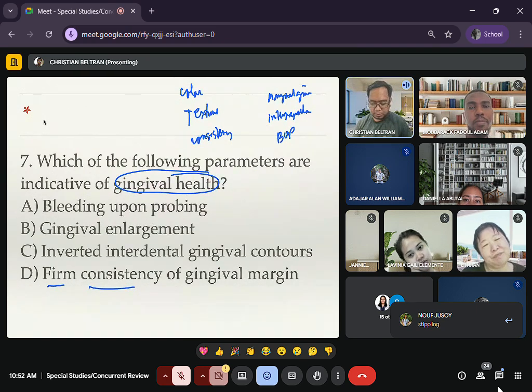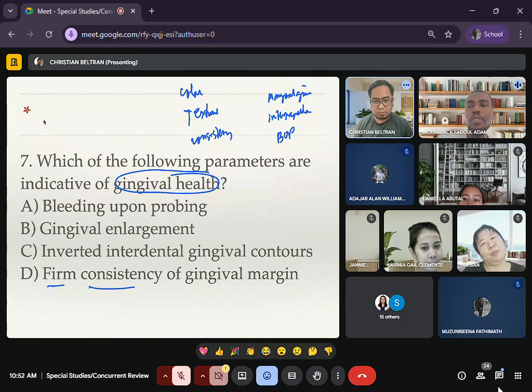But do all patients have stippling on their gingiva? No. Stippling is not present in all patients. So can you use stippling as a basis for classifying the gingiva, whether it's healthy or inflamed?